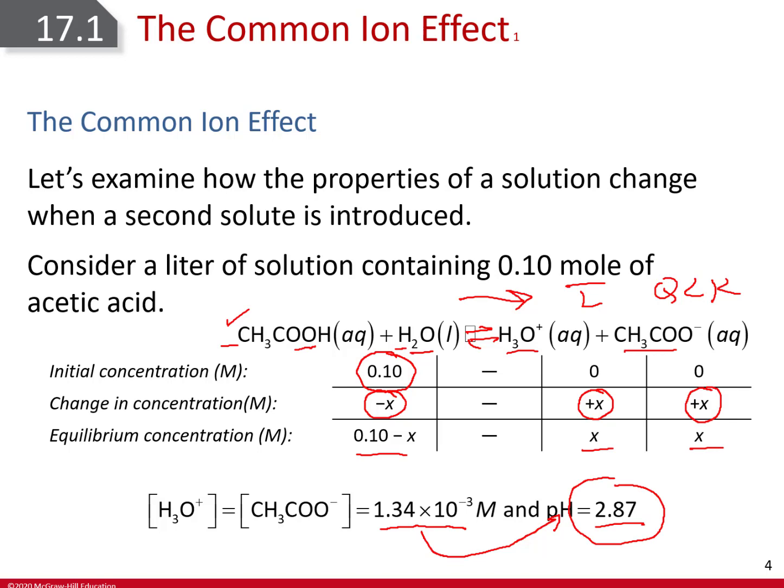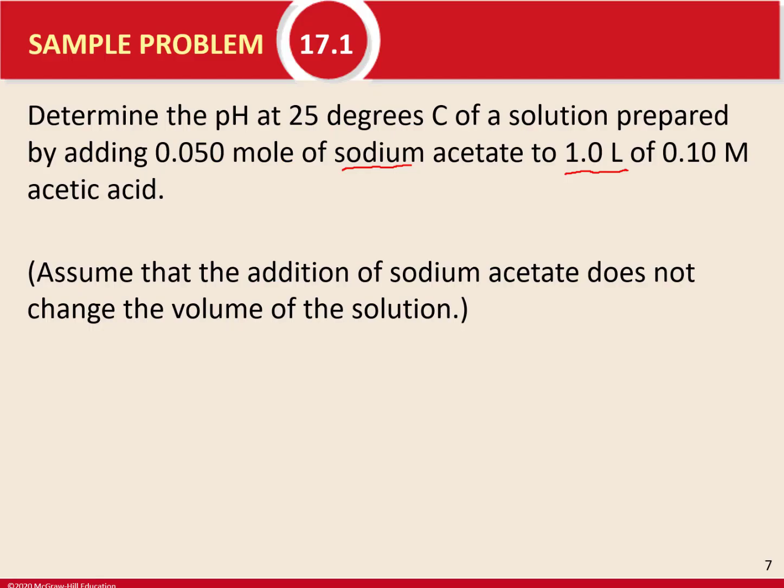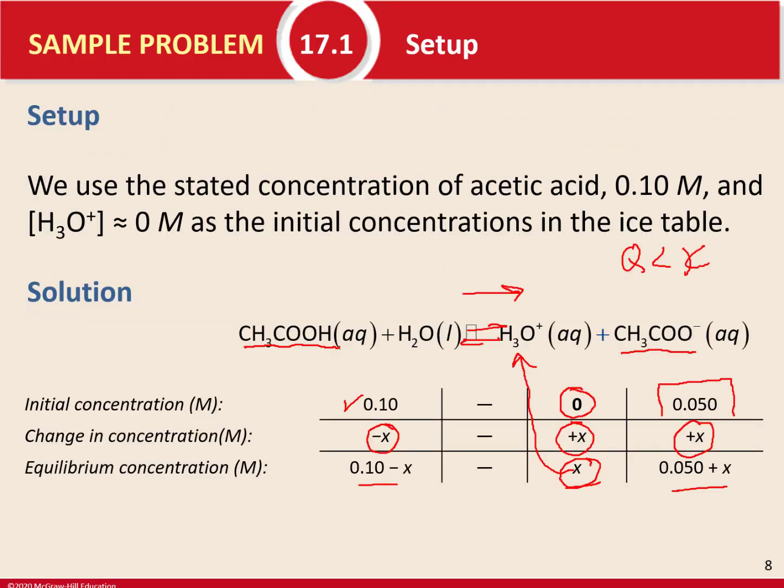So what that tells us is it was more acidic before, more hydronium ion had been produced to make a pH of 2.87. And now with the addition of sodium acetate, the reaction's not going to go as far to the right as the original reaction.